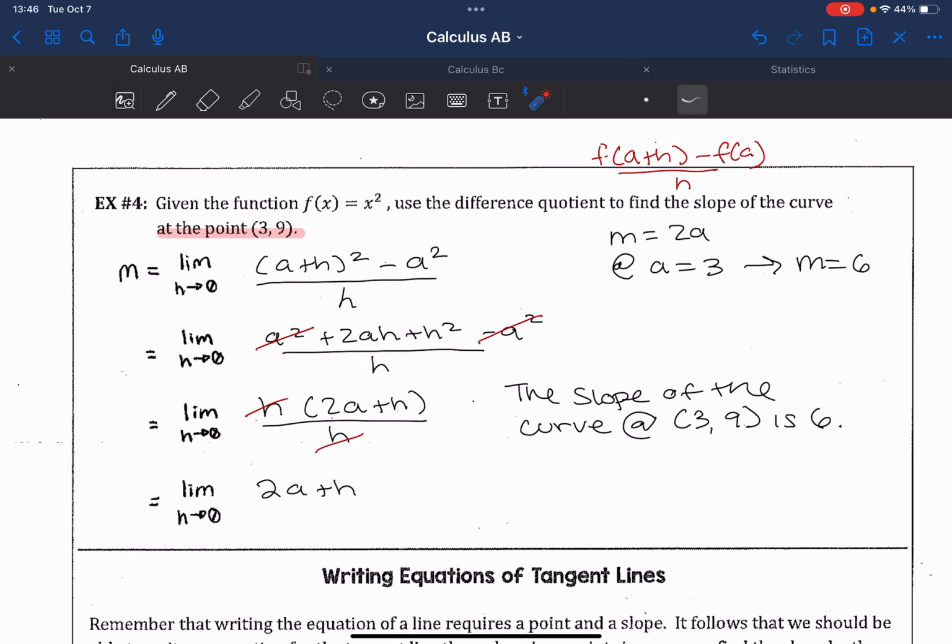We simplify, combine like terms. Eventually, the h's cancel out, and we are left with 2a, which is the slope of the curve at the point 3 comma 9. We know our point 3 comma 9 is a comma f of a, so a is equal to 3, and our slope is going to be 6.